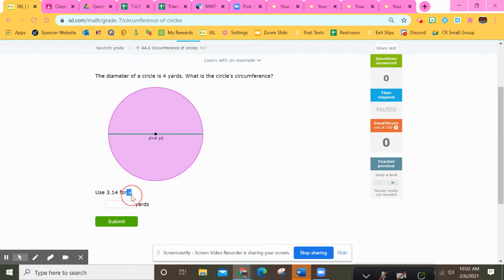Pi is the irrational number that we use to determine the relationship between the diameter of the circle and its circumference. I know that's a lot of things swimming in your head, but I wanted to make sure that you know why we use pi. Now, we've tried to rationalize it, and so many times you'll see use 3.14, and some of you have memorized it for several digits, which is awesome.